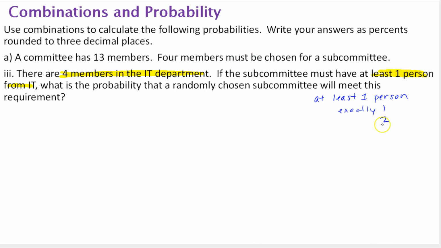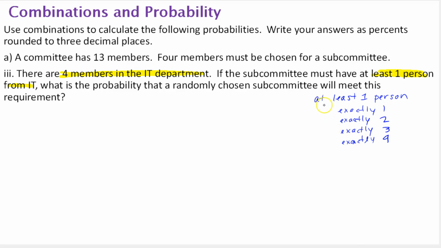We're choosing 4 members, so it could be 3 people from IT or all 4 members. And we could count them all exactly and sum up their results. If you try to just pick one IT person and then pick others, you don't know which one you picked from where.